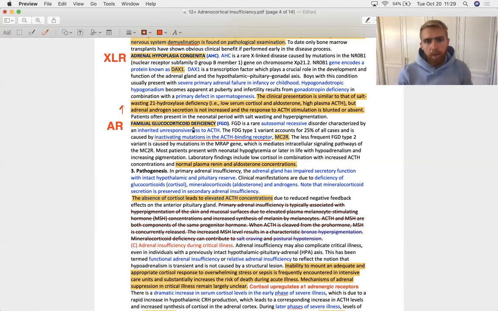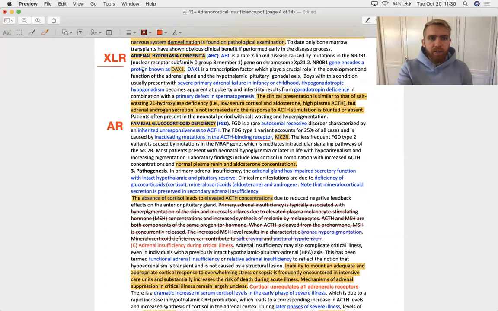And if you have a 17 hydroxylase deficiency, on the other hand, you would have absolutely no androgens at all, and so that would present with males who failed to develop male sex characteristics at puberty. And so with this hypoplasia of the adrenal glands, androgens are totally fine. Nothing's wrong with them. That's how you're making the differential.